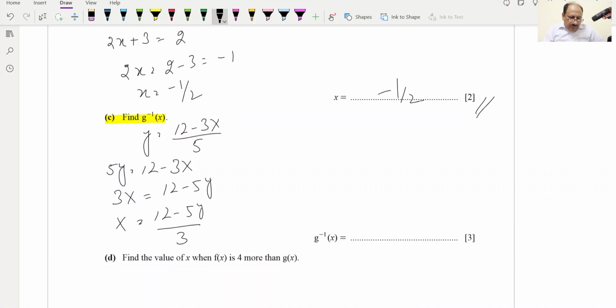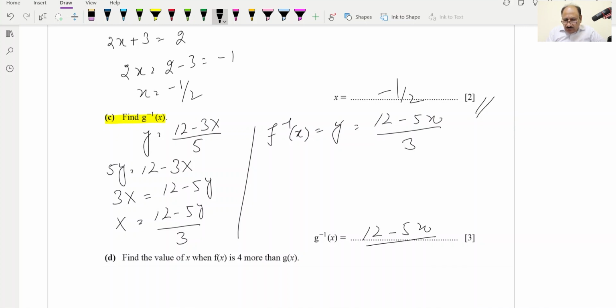And further, now we can swap x and y to get f inverse of x. F inverse of x will be equal to, after swapping x and y, (12 minus 5x) over 3, and this will be the proper answer, which is this one, the 3 marks part, which we have done.